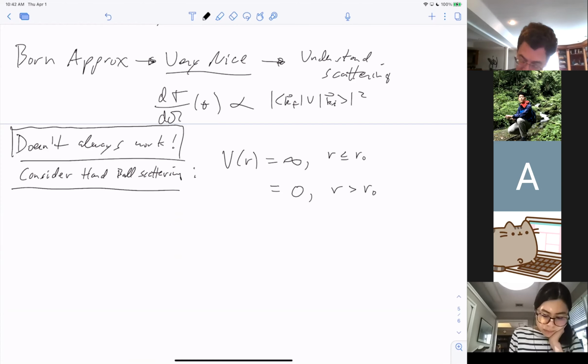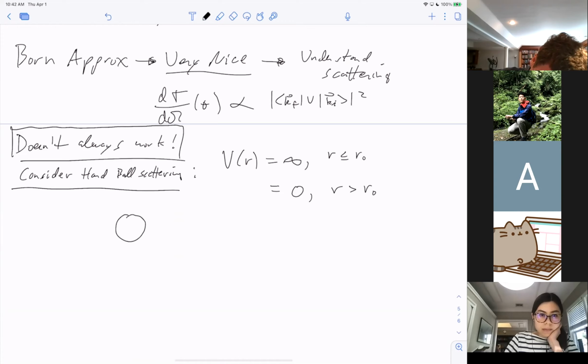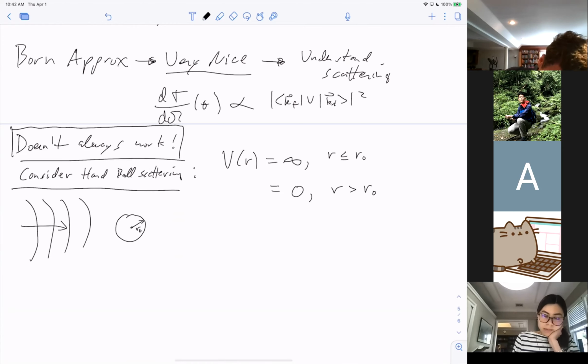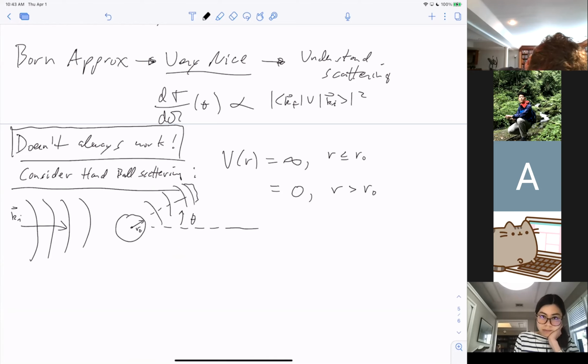So that basically is a hard ball. I have a ball with some radius r naught, and I'm shooting particles at it, k incident. And I want to ask the question: what is the probability that I go into some detector here at some angle theta, where that's my k final?